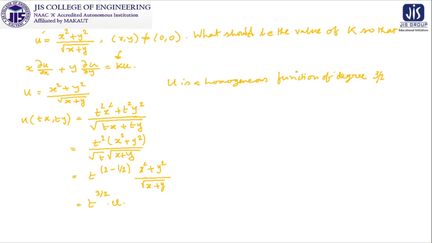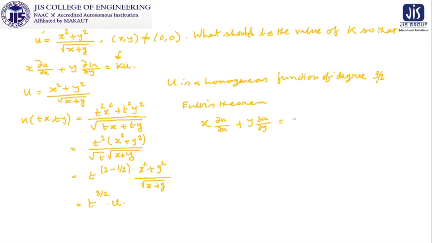And if it is a homogeneous function of degree 3 by 2, applying Euler's theorem, what can we write? x del u del x plus y del u del y is equal to n u.